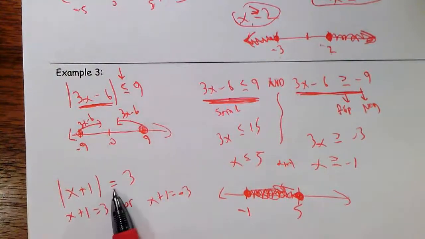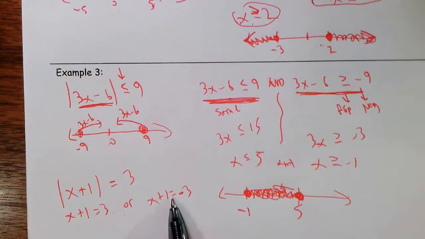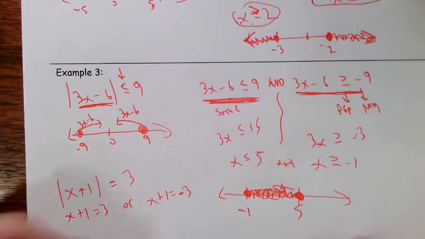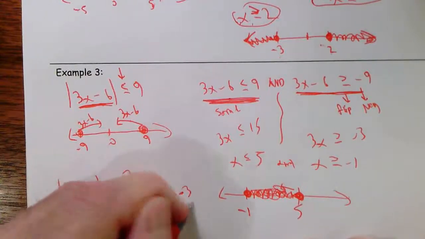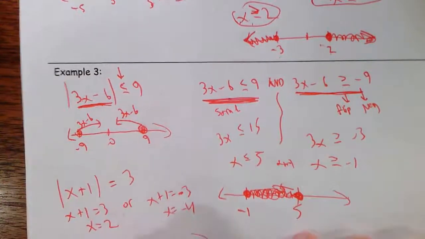Notice again, I took the equal sign, I flipped it, but it's still an equal sign, and I made the answer negative. So again, the first equation is exactly like the original, and the second equation, I flip the equal and I make it negative. This would be x equals 2, right? And this would be x equals negative 4.